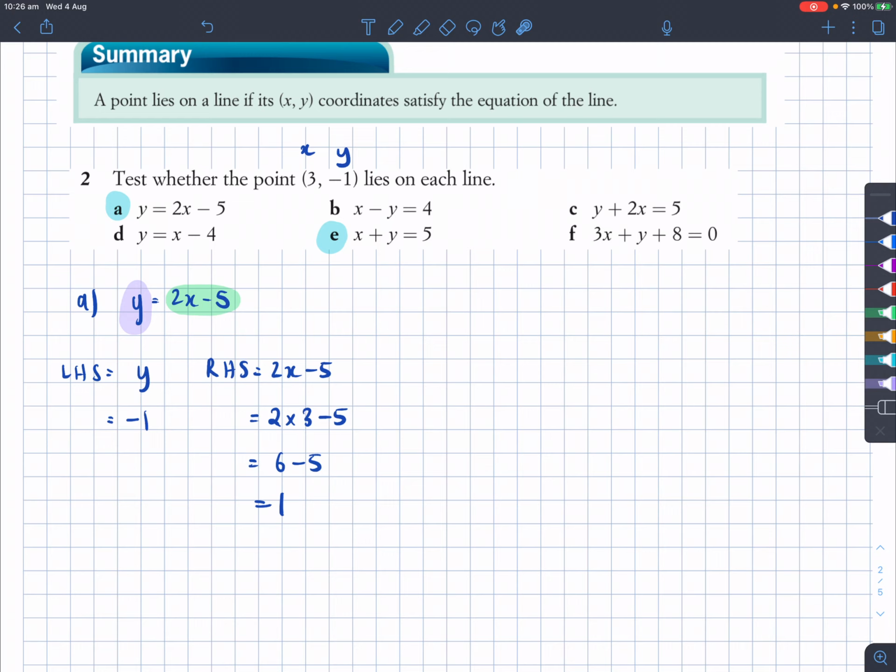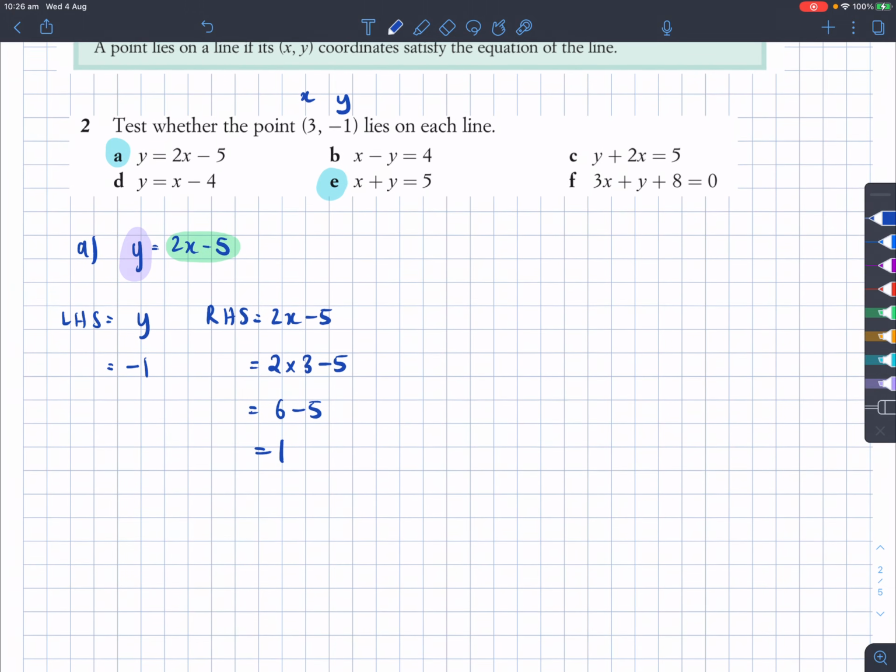If they're not, then it doesn't satisfy. If they're not equal, we can say, therefore, LHS is not equal to, so an equal sign with a line striking through it, RHS. And then we say, therefore, (3, -1) does not lie on the line.